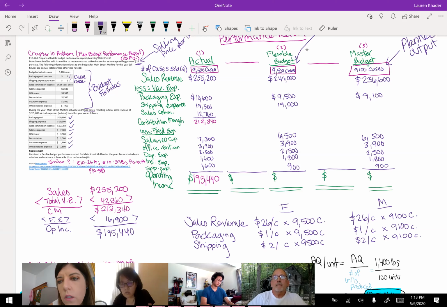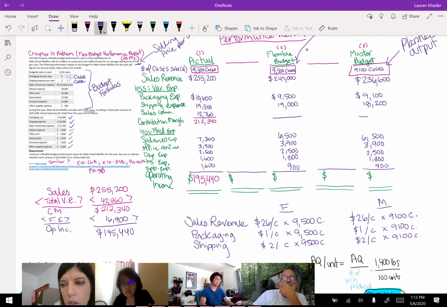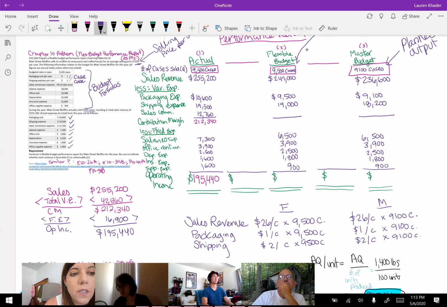Correct, 19,000 for the flexible budget, and then 18,200 for the master budget, the plan. Yes. I didn't put sales commissions yet because it is a slightly different calculation. Sales commissions could be based on a dollar amount per unit sold, or it could be a percentage of total sales. In this particular case, sales commission is 5% of the sales price.